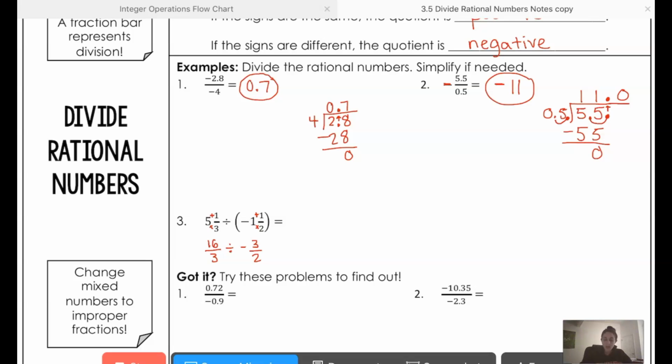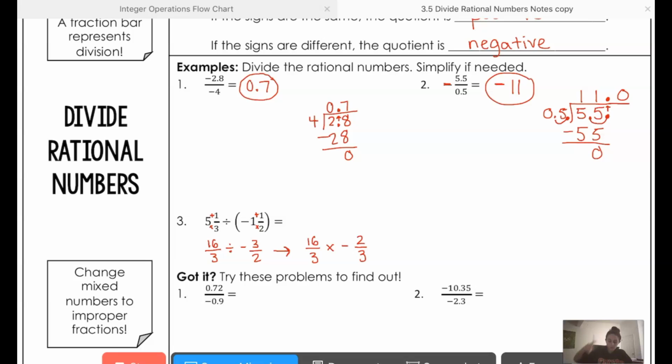And when we divide fractions, we have to multiply by the reciprocal. So we keep the 16/3, we change the division to multiplication, and the reciprocal of 3/2 is 2/3, right?